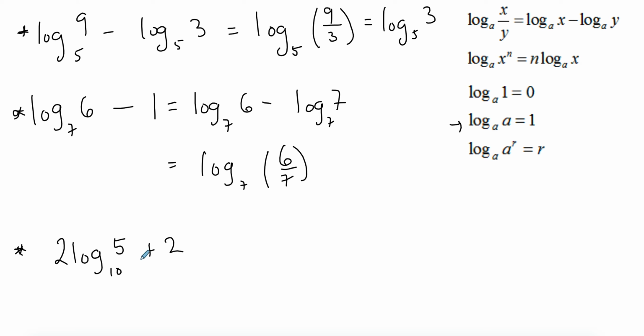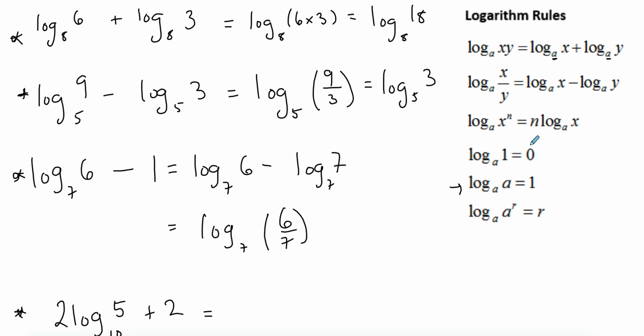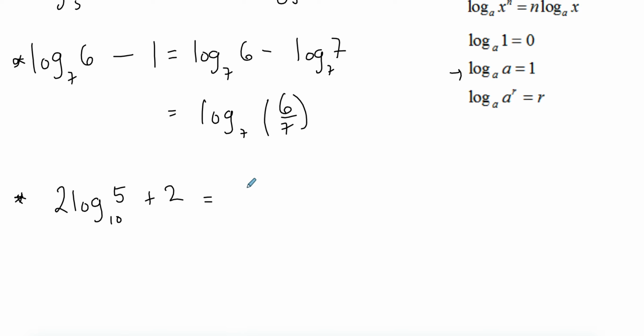What we could do is use a couple of rules here. This is playing around with some of the rules. I'm going to use the third rule here, where the power is the coefficient. So I can go backwards and make the coefficient the power. So I have log base 10 of 5 squared plus 2.